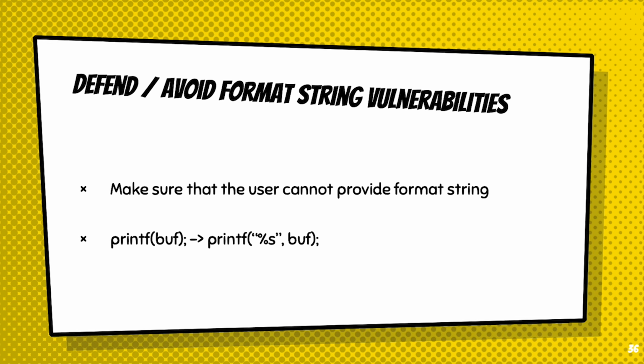Next time, if we're going to print something that is related to the user's input, make sure you have a proper format string specifier instead of just printing it directly. You don't want a statement like printf(buff). Instead, always provide the format string so that buff will not become the format string for a statement such as printf.